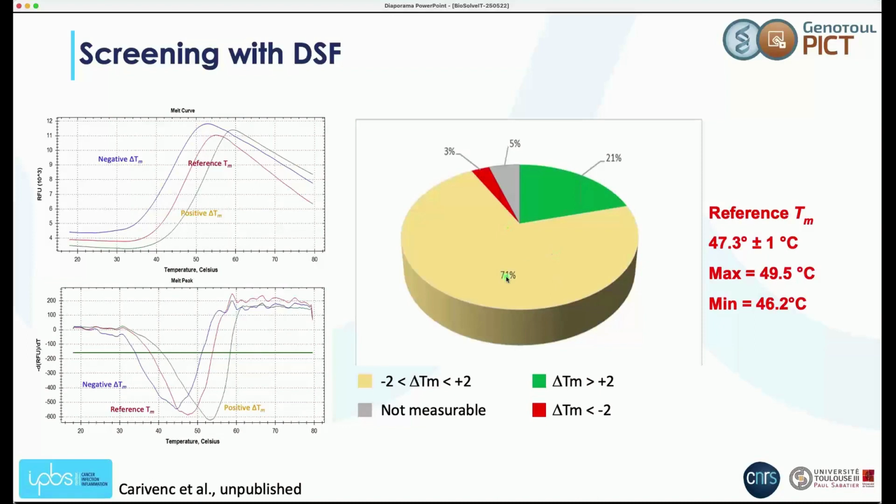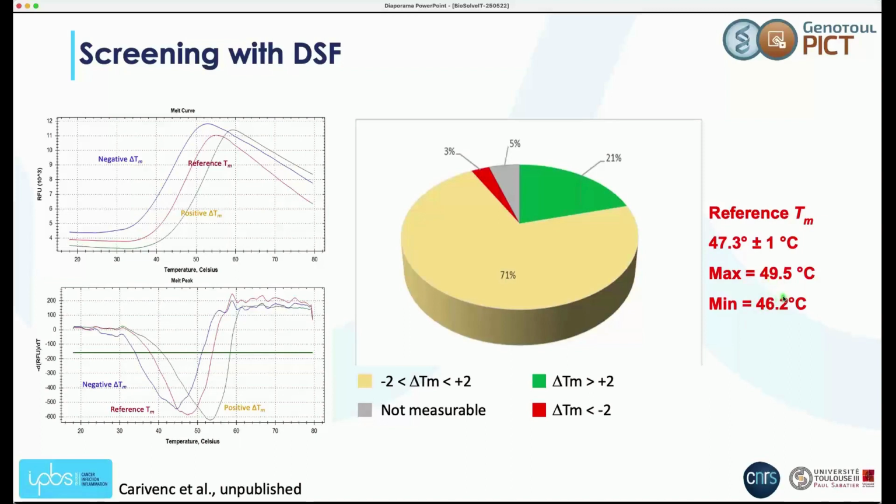Of course, you do some control experiments for each plate. You have several wells where you only have the protein in your plate when you perform the thermal shift analysis, and we observed quite an important variation of the reference melting temperature of the enzyme alone. You can see that the TM was going, depending on the well, from 46 degrees to close to 50 degrees.